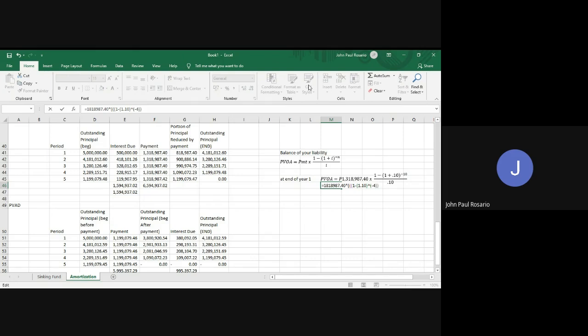Okay, and then we divide this by 0.10. I think that's just it.